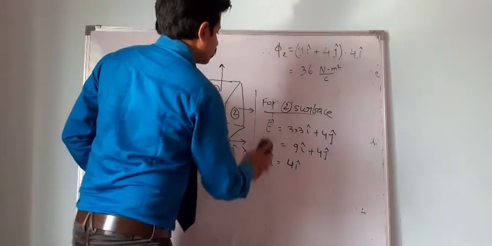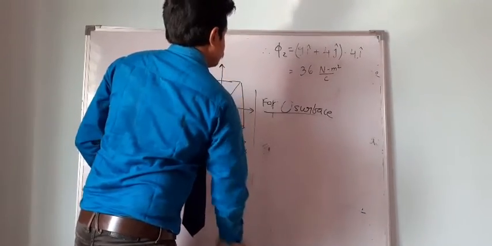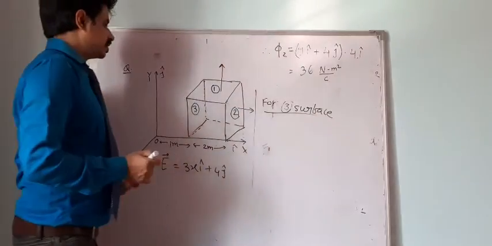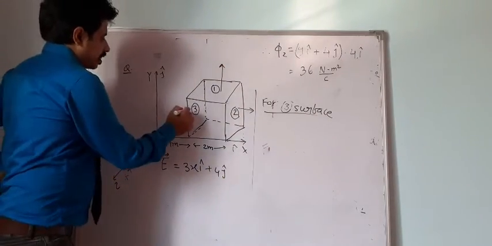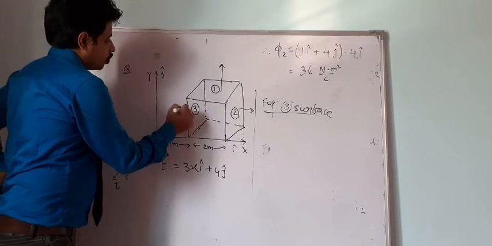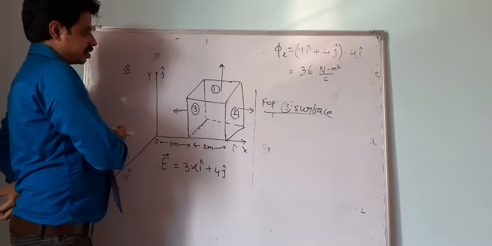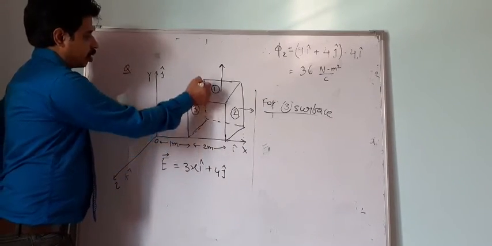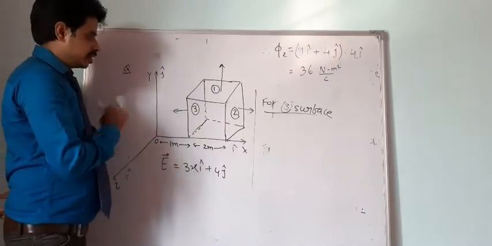Similarly for the third surface, the area vector will be in this direction, outward of this cube. And x is equal to 1 for this surface. All the points on surface number 3 have x coordinate 1.